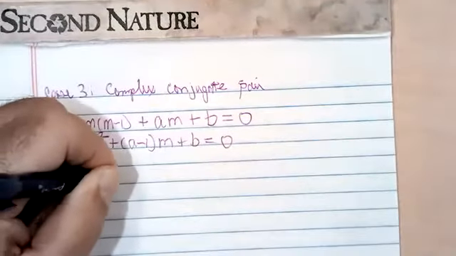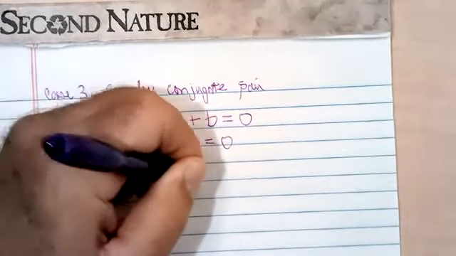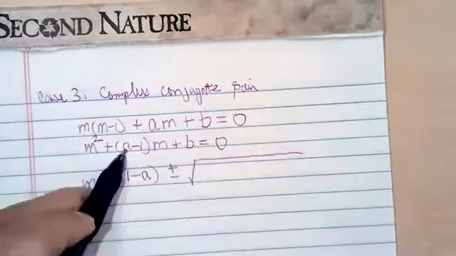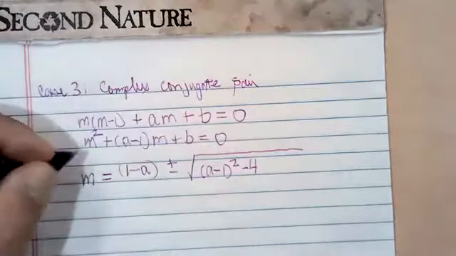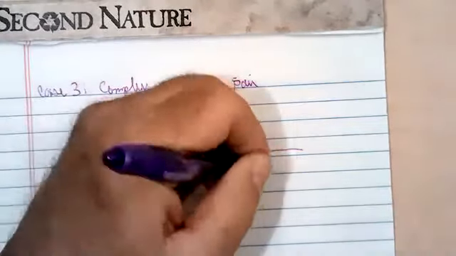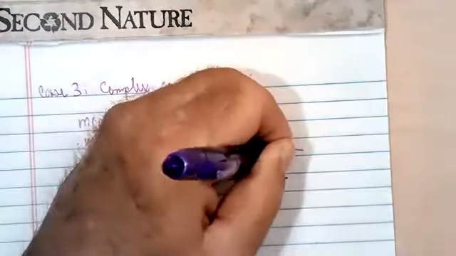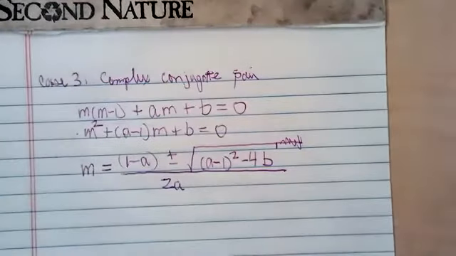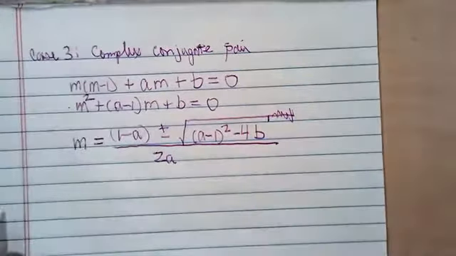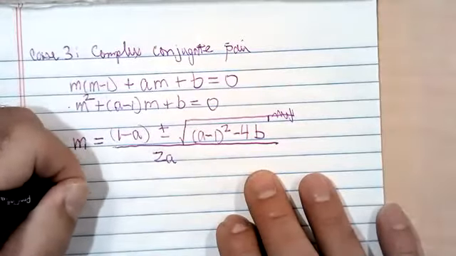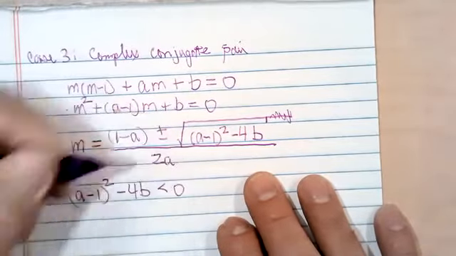And in general, the solutions are these: negative (a minus 1), plus or minus the square root of (a minus 1) squared minus 4 times 1 times b, all over 2. So if we're in the case of a complex conjugate pair, then it must be that (a minus 1) squared minus 4b has to be a negative number.